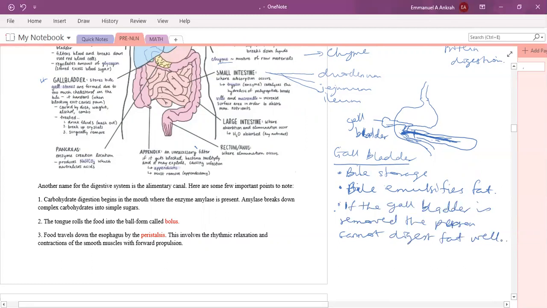And then the other thing that will happen if you remove the gallbladder, there are four vitamins that need fat to be able to get absorbed.